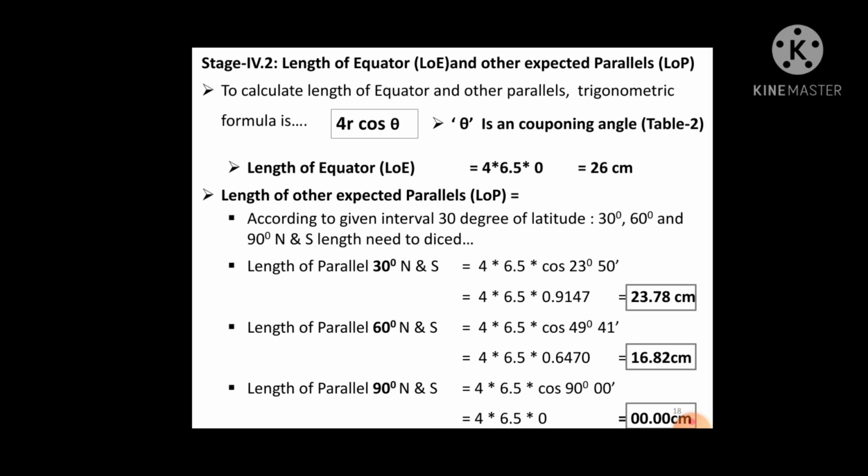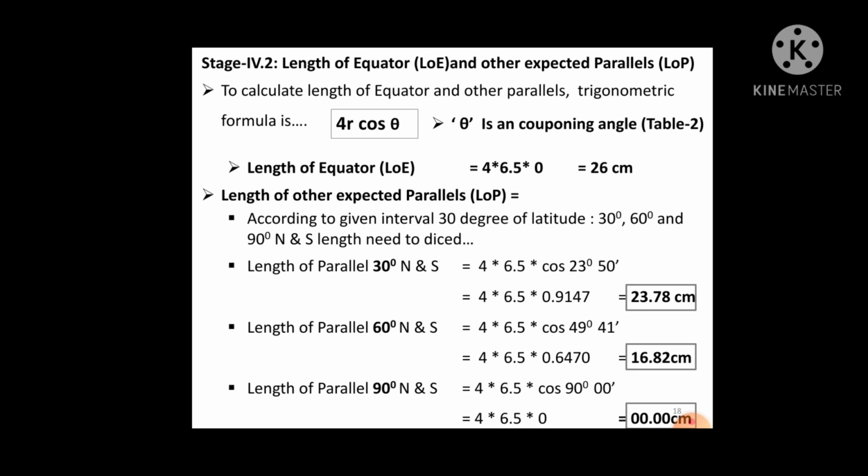For that we have to use the corresponding angles. Here we are finding it not graphically, but with the help of trigonometrical functions. So the length of the parallel 30 degree north and south is equal to 4 multiplied by 6.5 multiplied by cos 23 degree 50 minutes. Now 23 degree 50 minutes is what?